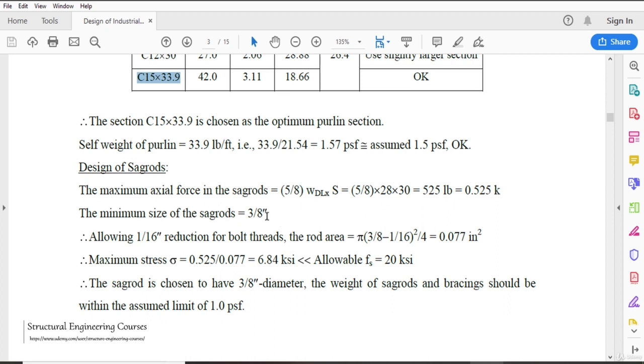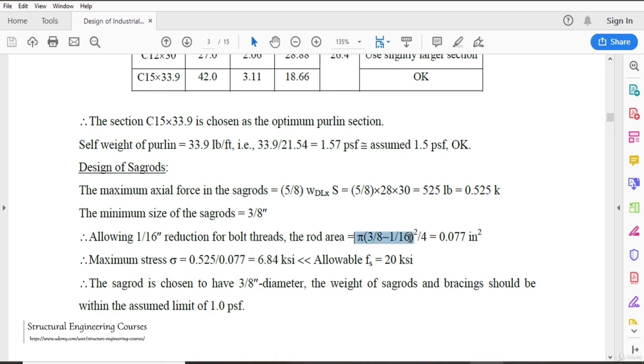So minimum size of sag rods is 3/8 inches, allowing 1/16 inches for reduction of bolt threads. If you are conversant with AISC 360, in that case, as per the diameter, the code gives us some reduction in the diameters. So if it is less than, I think, 0.5 inches or something like that, we do need to consider a 1/16 inch reduction.